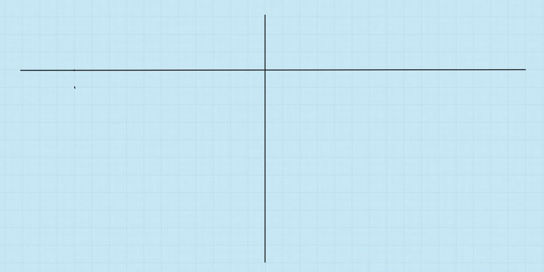Because we need more negative values than positive values, that's why I draw lines this kind.